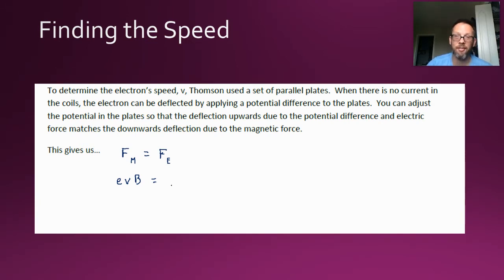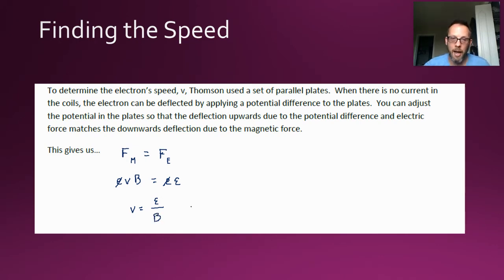The charge here is the elementary charge e, and because we're in two parallel plates, the field strength is ε. You can see the charges cancel out, and we get an expression for v: v equals ε over B.